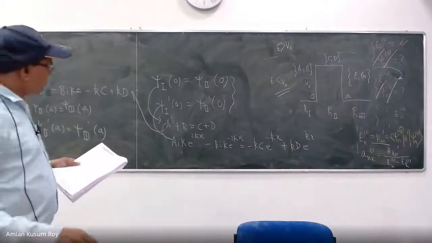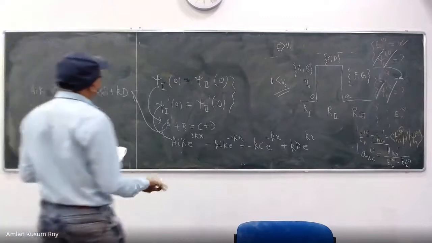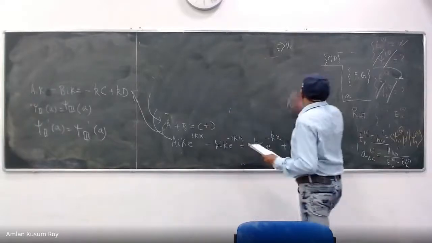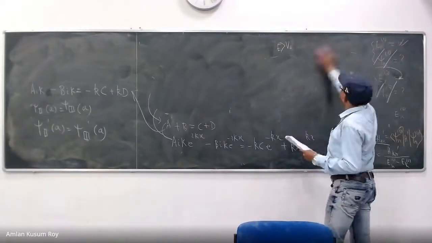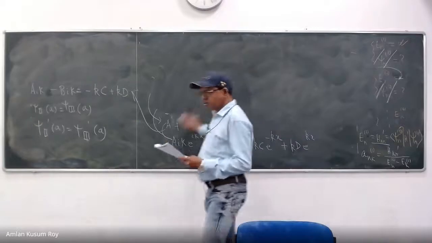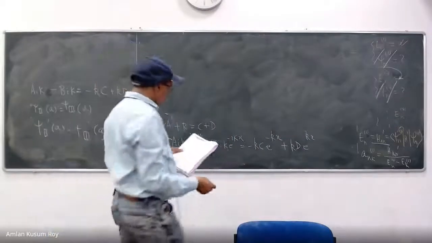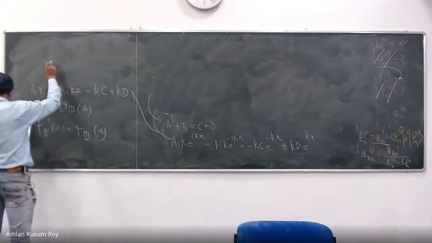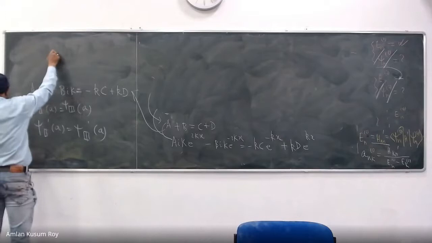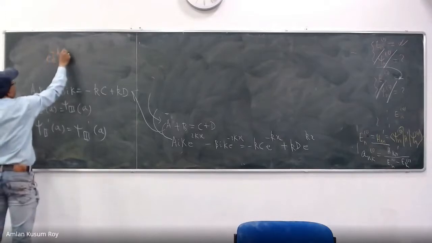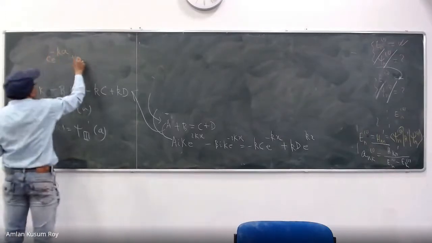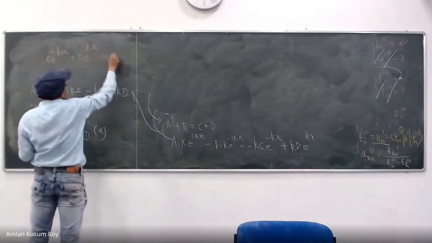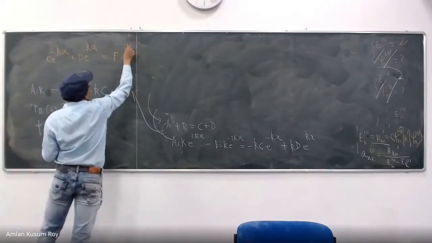If you do that, then you can put the proper values of x equal to a. That will give you C e to the power minus kappa a plus D e to the power kappa a is equal to F e to the power i k a.